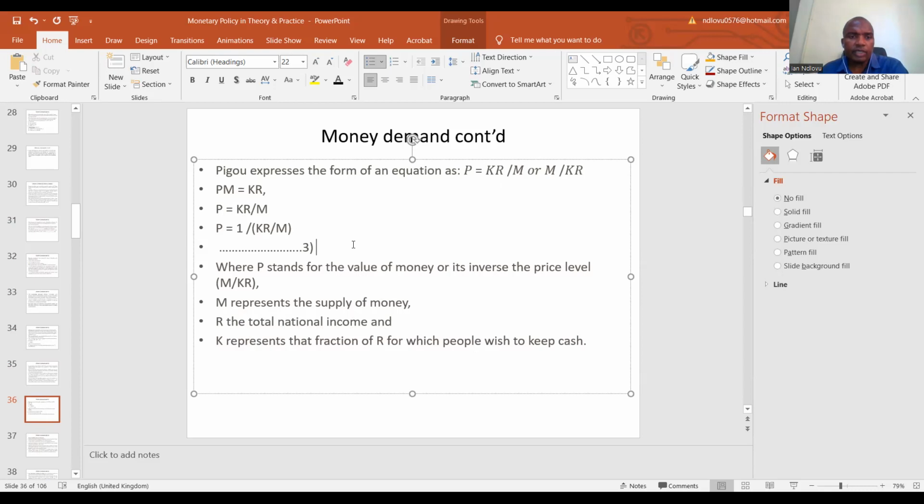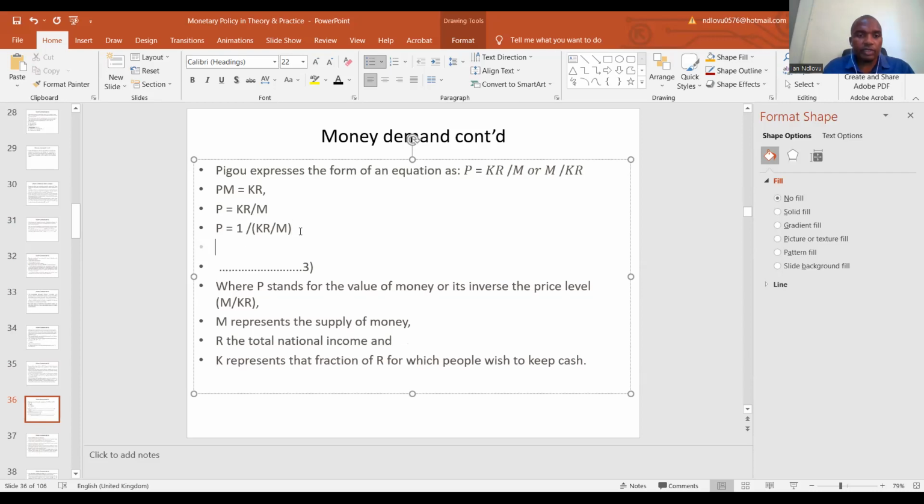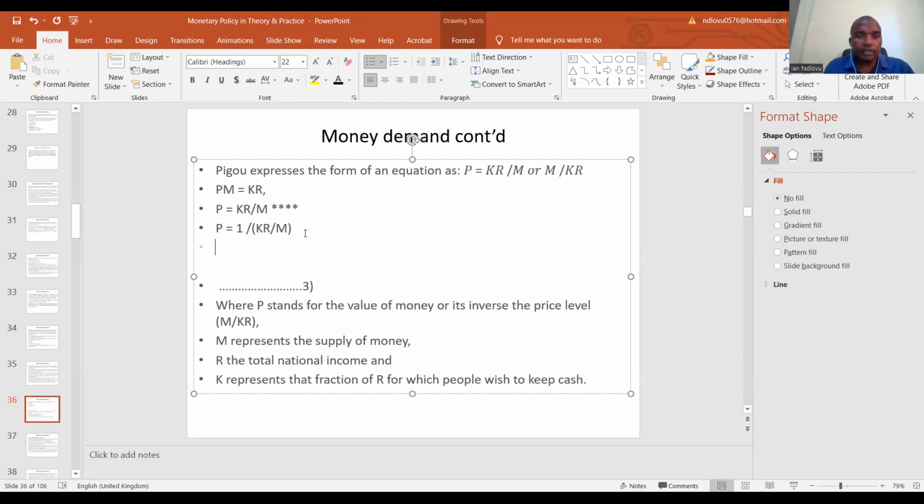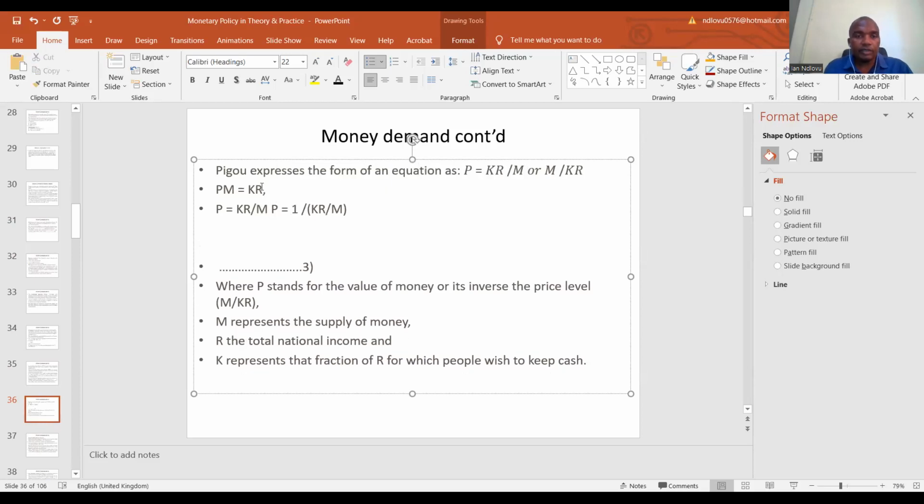So if I make K the subject of the formula, I can start from the first part, which I formulated earlier.